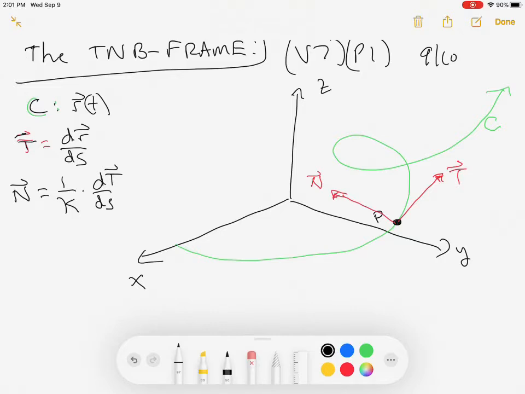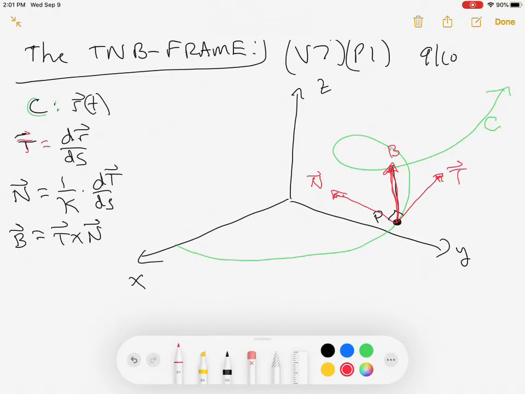These guys are orthogonal. So as this point moves around the curve, T is going this way and N's going that way, and it's moving. And so there's also a third direction of motion. We're going to define this to be the cross product of T and N, which makes us go this way.